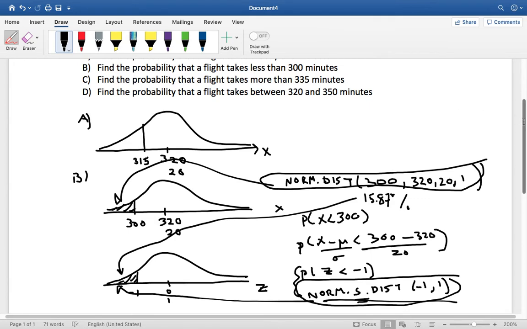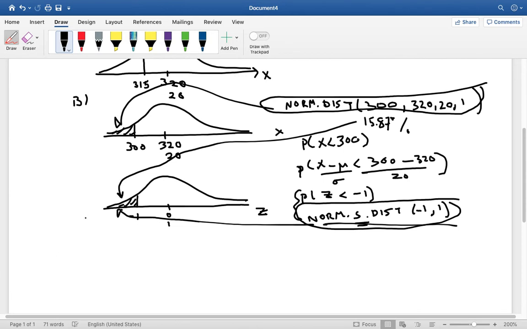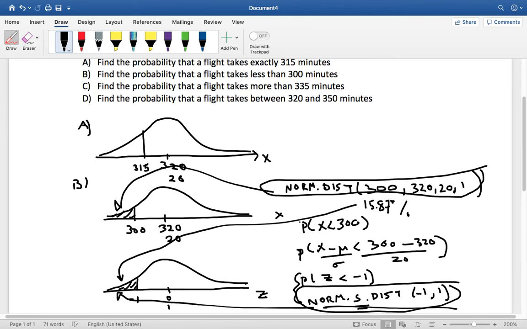Find the probability that a flight takes more than 335 minutes. So C, we want the flight to take more than, let's see, that's our X, the mean is 320, the standard deviation is 20, and we're looking at the flight taking more than 335 minutes.